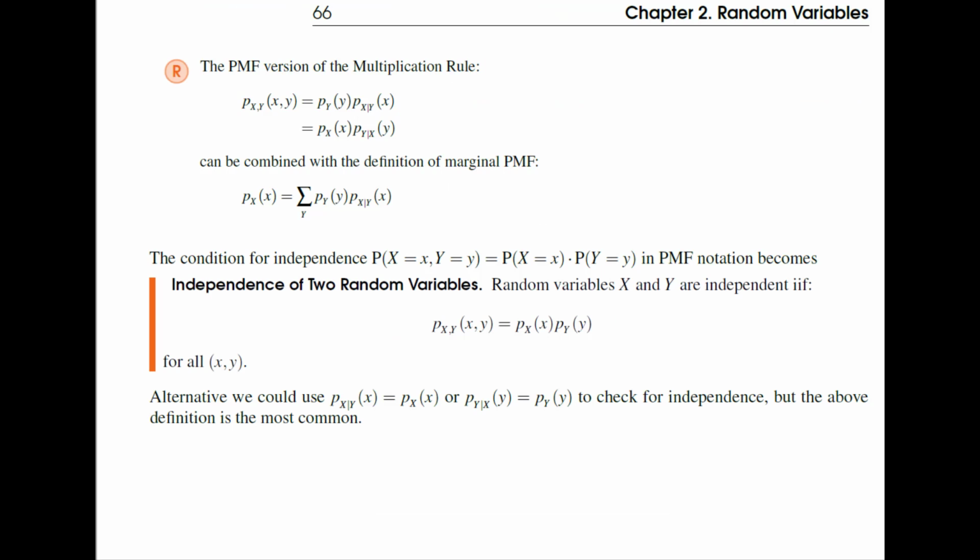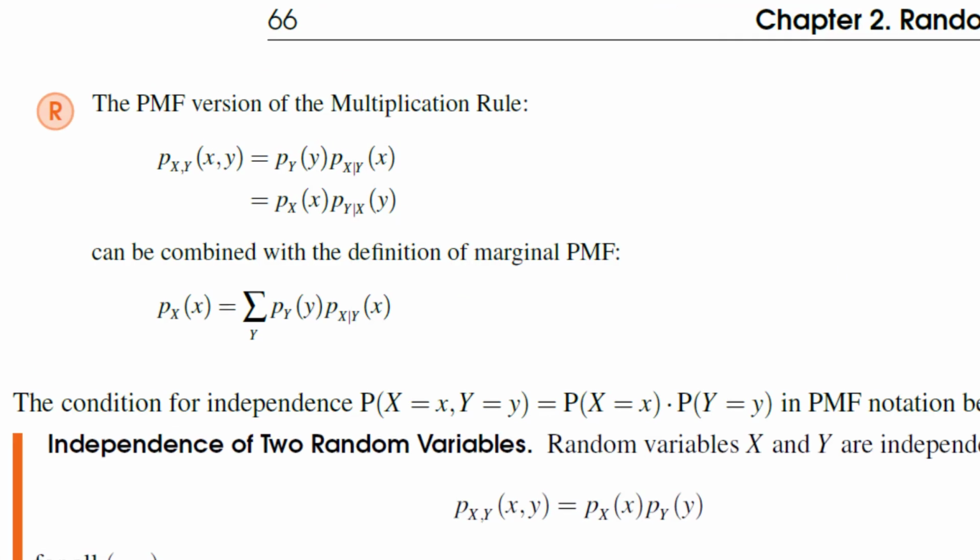Now let's talk about the multiplication rule that we saw in chapter 1. Now, this is the PMF version, right? Remember that in this chapter, mostly all that we're doing is using a different notation from the one in chapter 1.